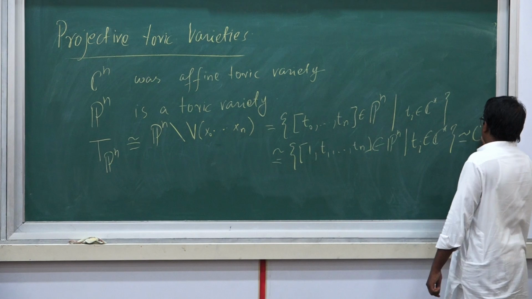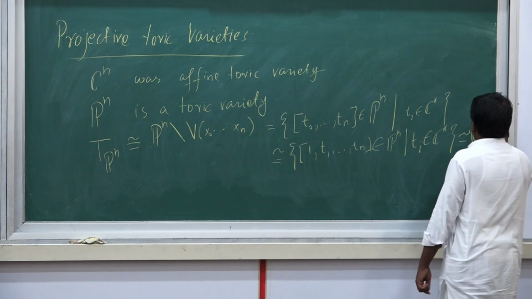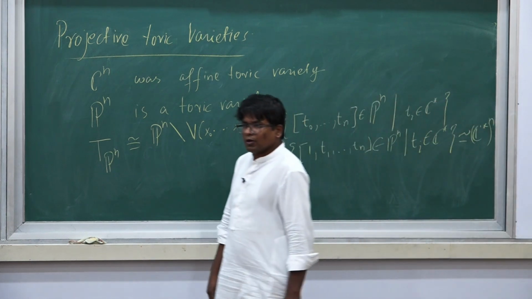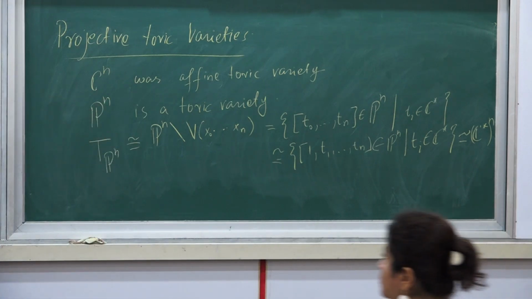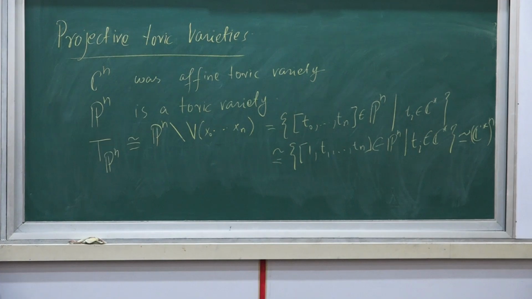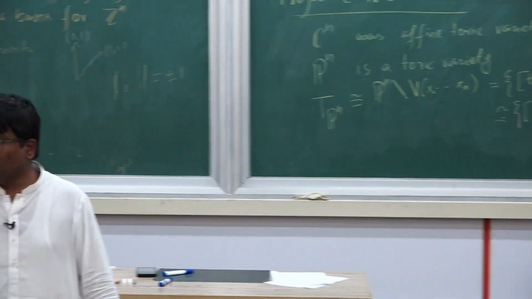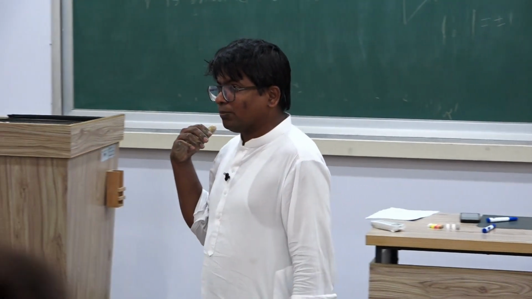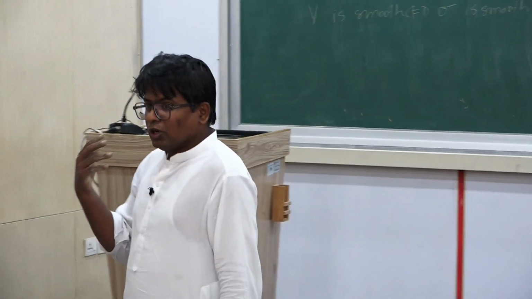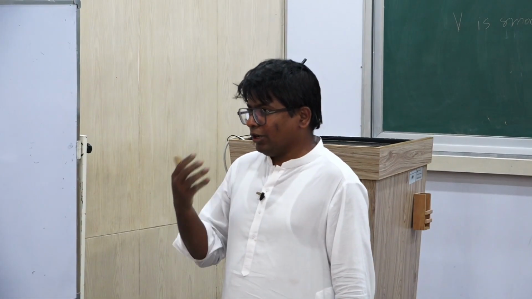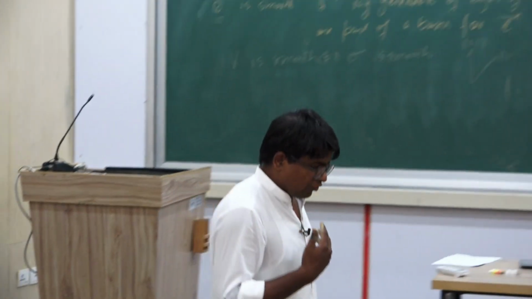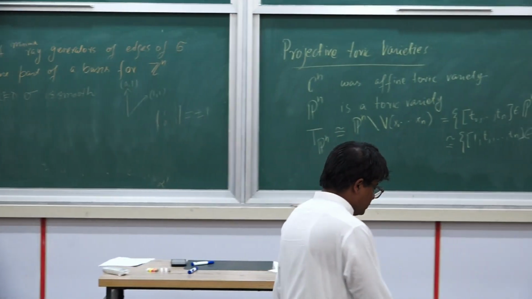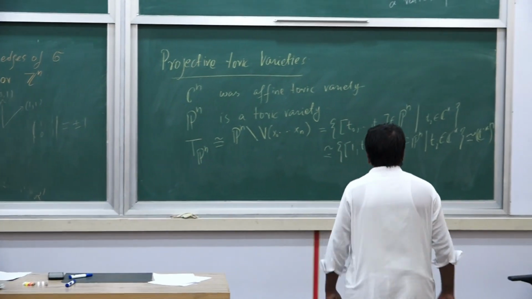So we have a torus, that's not a problem. It's clearly a dense open subset because it's an open subset coming out of subtracting the solution of one function.